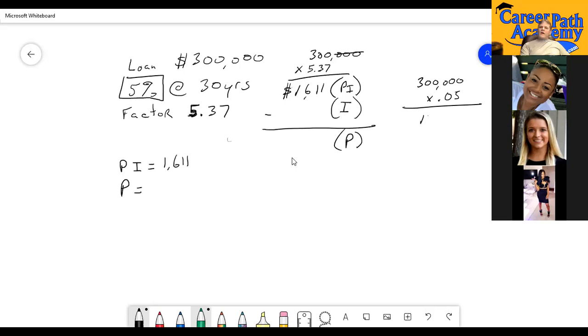That's 15,000. But what is 15,000? That's your annual interest. We need to figure out the monthly. So what do we do? Divide by the months. Divided by 12.